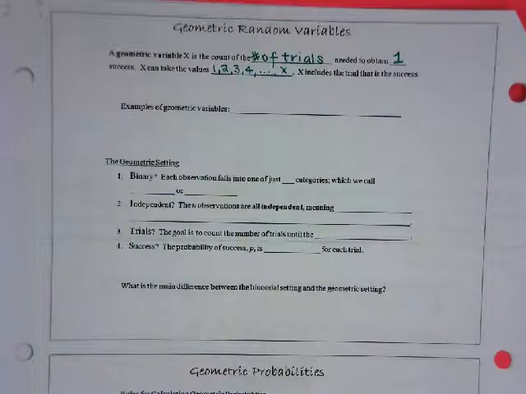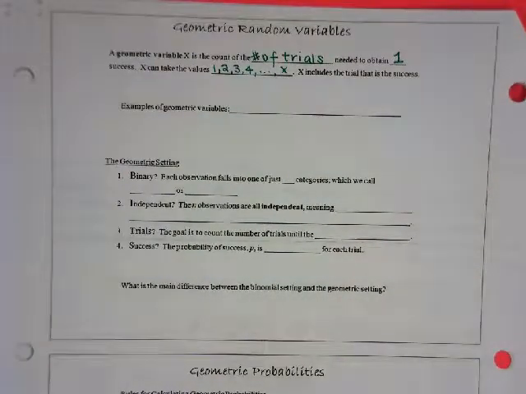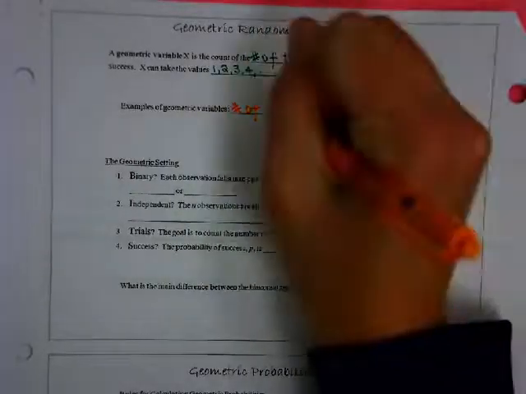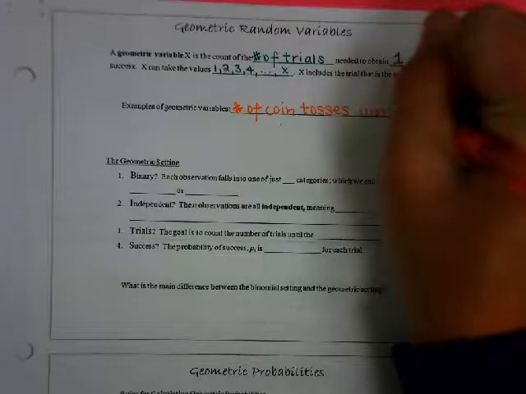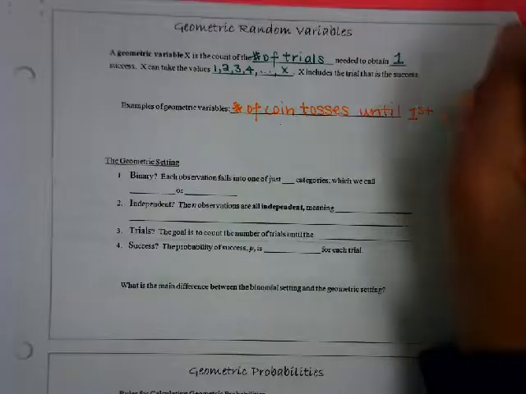So some examples would be the number of times I flip a coin until I get a heads. Or the number of times I have to roll a die until I get a 3.